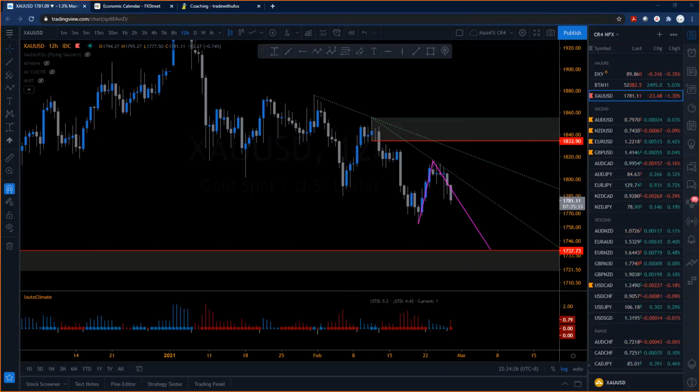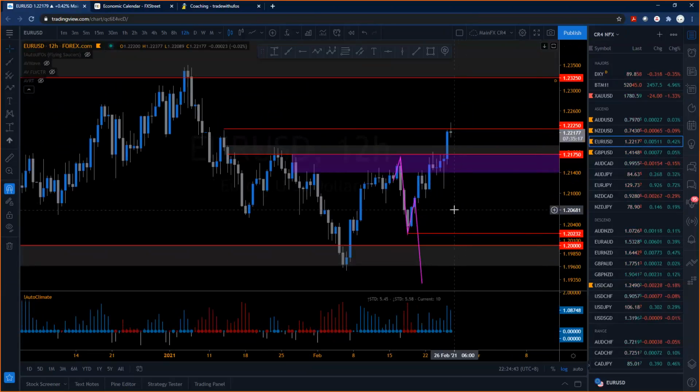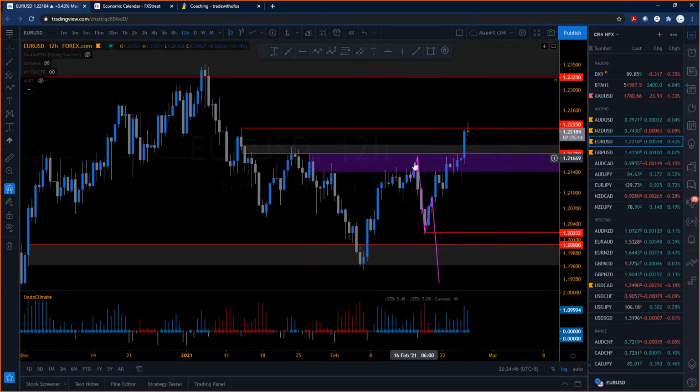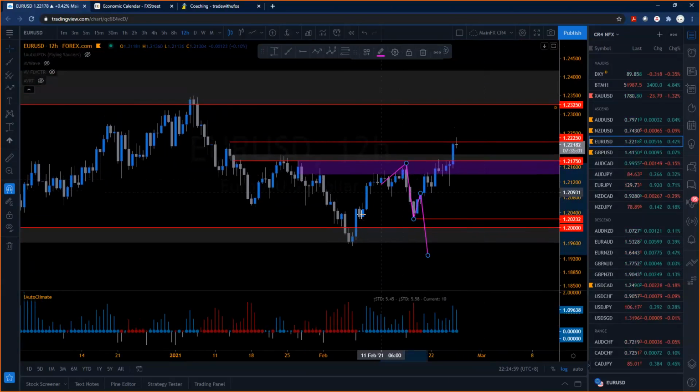And so we know that the euro is a big portion of the dollar index. And so, naturally, we more than likely are going to see the euro moving higher, which is what we've seen. So looking at euro, this is one scenario that we had to the downside for euro. Clearly, it has reversed to the upside, and so what we are looking at now is a break of that movement to the downside.